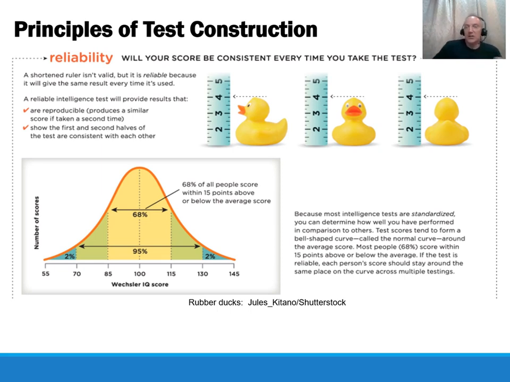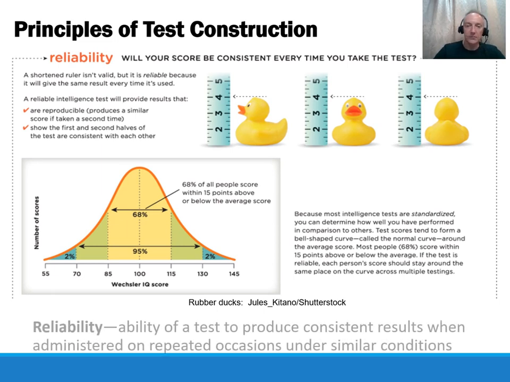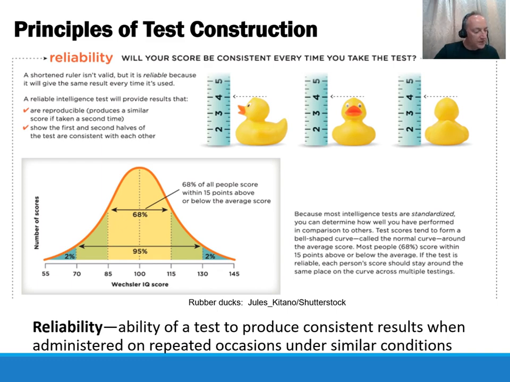Another way of looking at reliability is within the test itself. If I calculated your IQ just based on every even numbered item in the test and calculated your IQ based on every odd numbered item, if it's a reliable test, I should end up with pretty much the same kind of score. So reliability refers to how consistent the scores are.